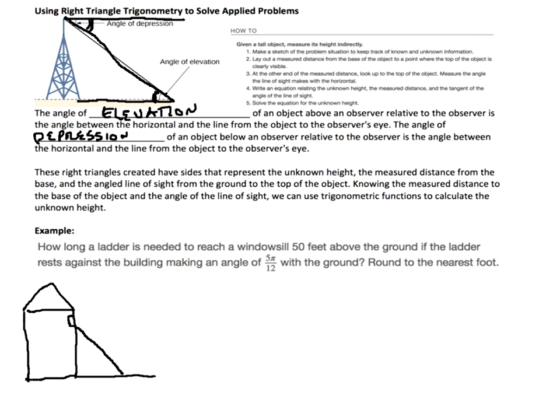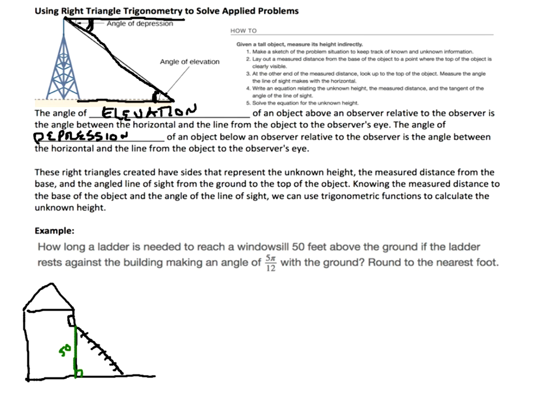There's the ground. This is a ladder. Not a ladder that I would want to crawl up, but it's a ladder nonetheless. Use your imagination. Okay, and what we're told is that this ladder needs to go up to the windowsill that's 50 feet above ground. So what we've just been told is that this leg of our right triangle is 50 feet.